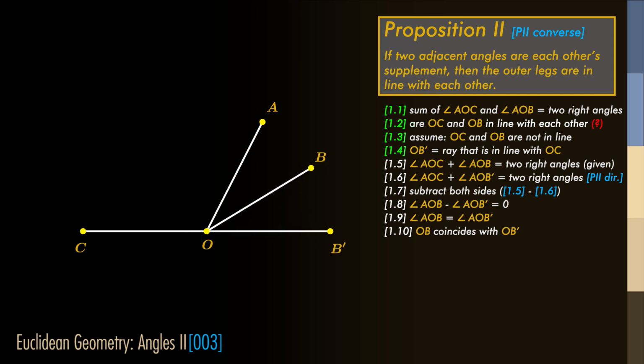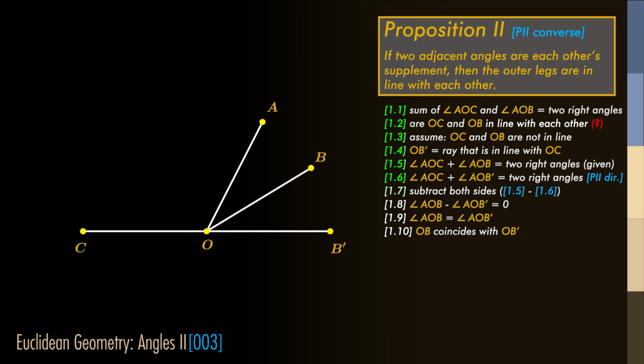Two equalities are now clearly valid. The first one, the sum of angle AOC and angle AOB is equal to two right angles, because this is given. The second one, by applying the direct proposition we have that the sum of AOC and AOB prime is equal to two right angles.